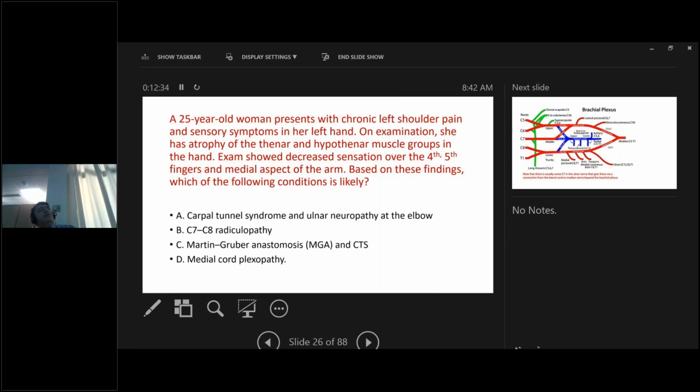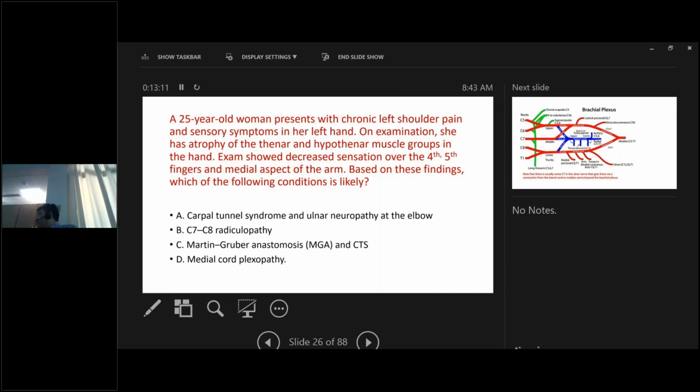From the case, can you walk us through? She has atrophy of the thenar muscles, which are mostly median, except one muscle. So what are the thenar muscles? Abductor pollicis brevis, that's median.